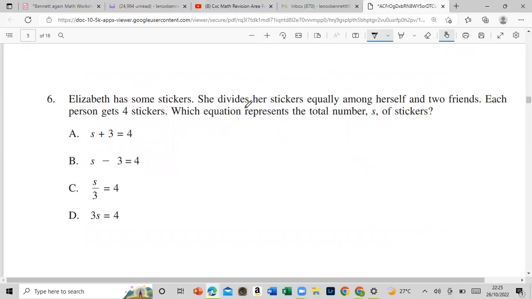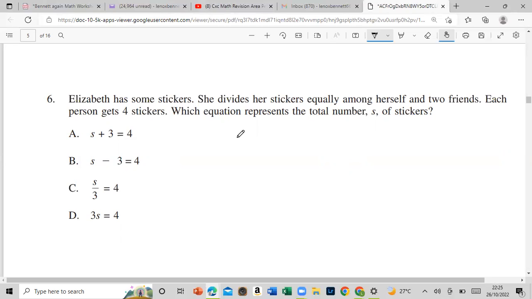Alright, so Elizabeth has some stickers. She divides her stickers equally among herself and 2 friends. Each person gets 4 stickers. Which equation represents the total number S of stickers? So what they basically want is an expression to represent all of this.